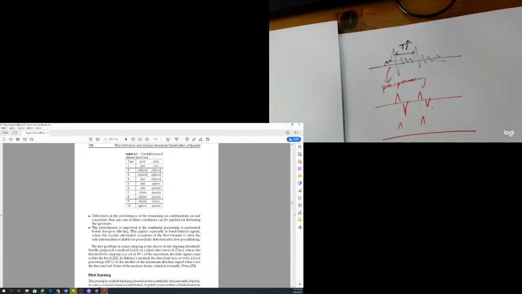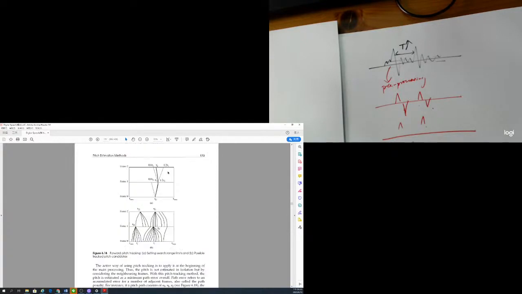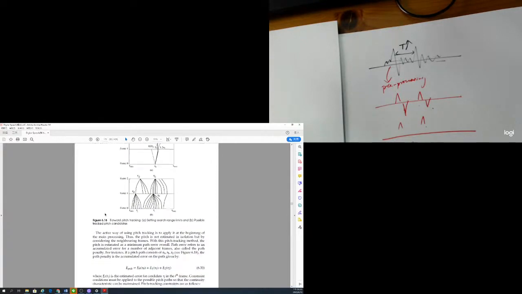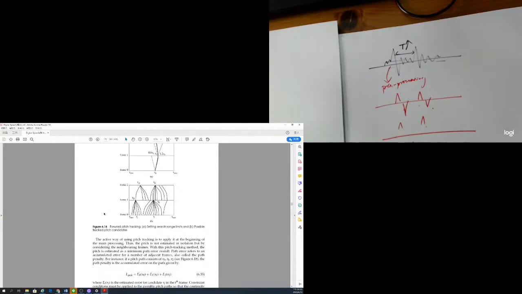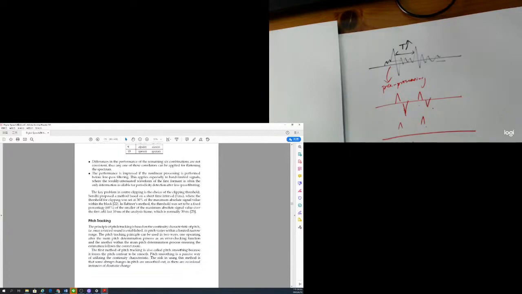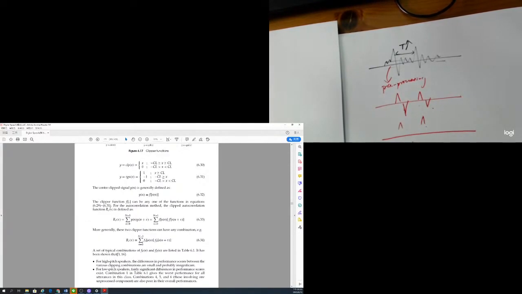They have different combinations for center clipping, and then try to find which one gets better performance. Later on, they give you a performance table here. Another one is called the pitch track, which we will talk about in the next section.